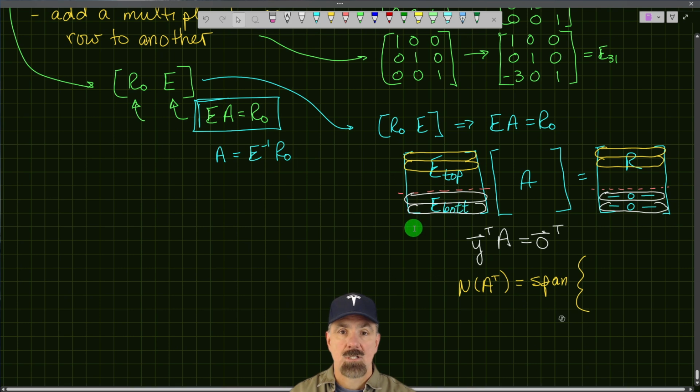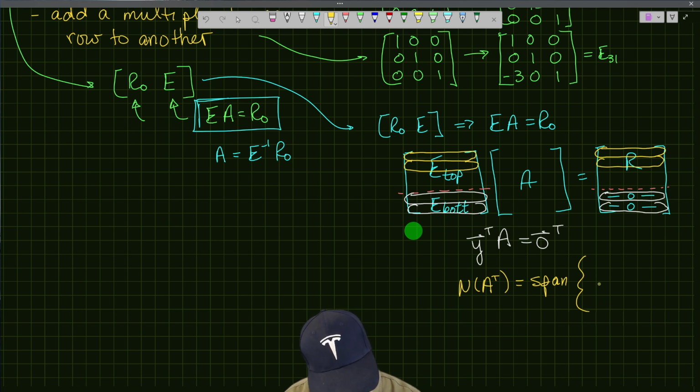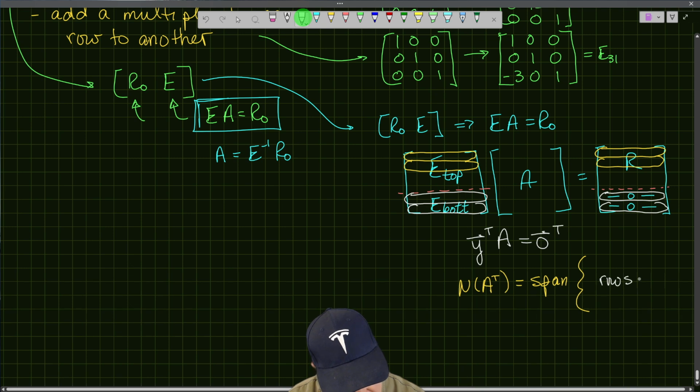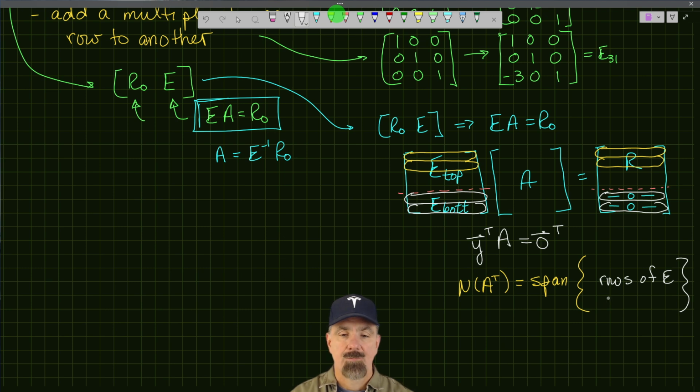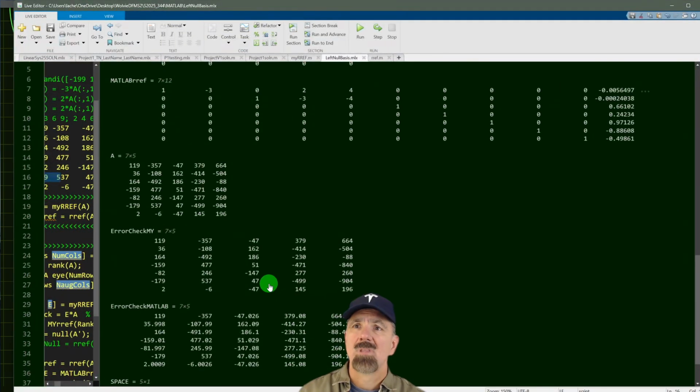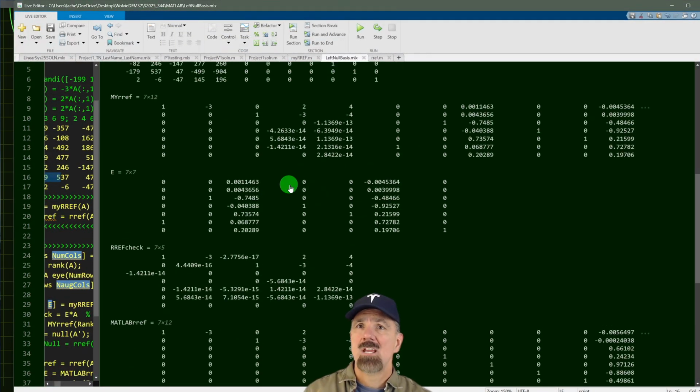Those would be the vectors, these rows, right? I'll do it with the same color, but these are the rows of E that line up with the 0 rows in the RREF. Quickly go back to the MATLAB example. In the MATLAB example, here's our elimination matrix.